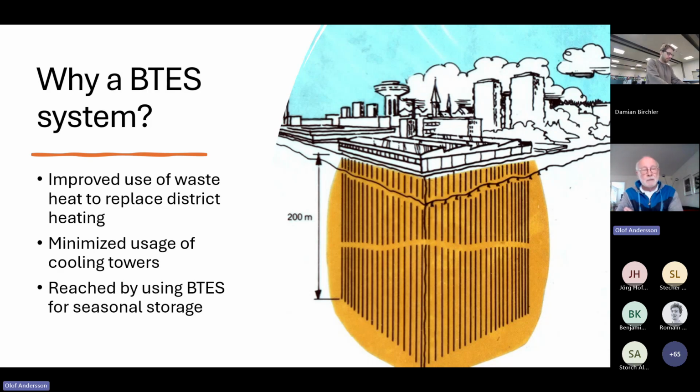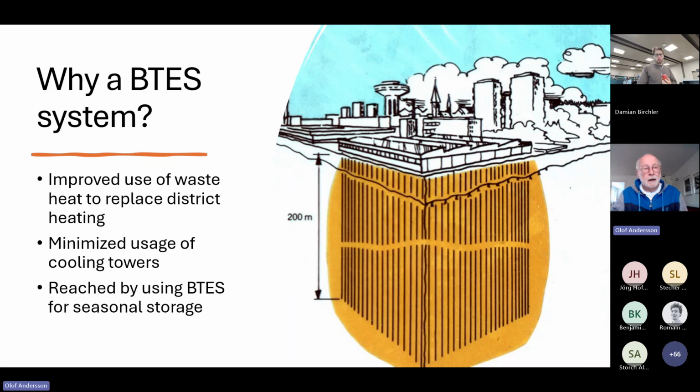So why a BTES system? Well, a BTES system is a storage system in the rock using a duct system with plastic pipes in boreholes, densely spaced.